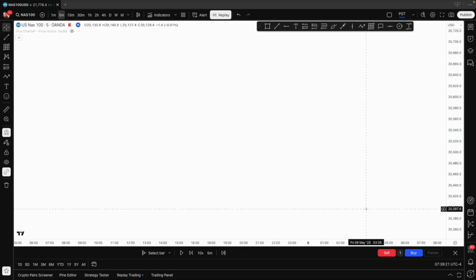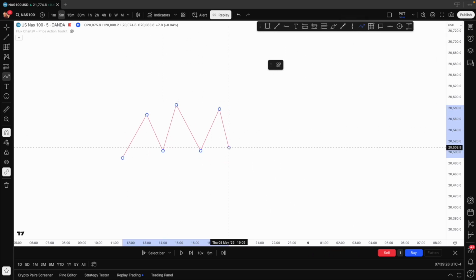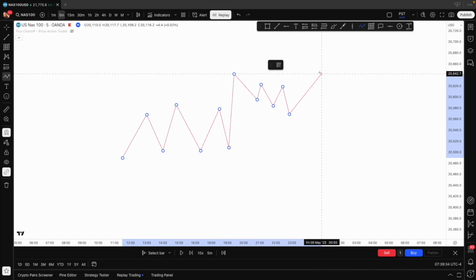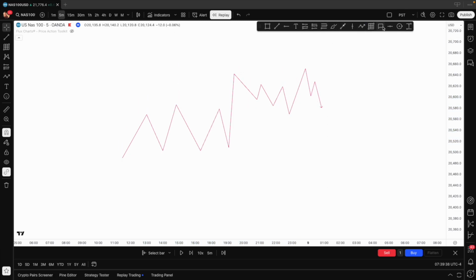Now, how are we going to find these entries? As soon as we have our Asia and London has taken our Asia highs, for example, and New York has started, we want to literally wait for the first fair value gap to form, and then we are going to enter straight away and take our trade all the way down.